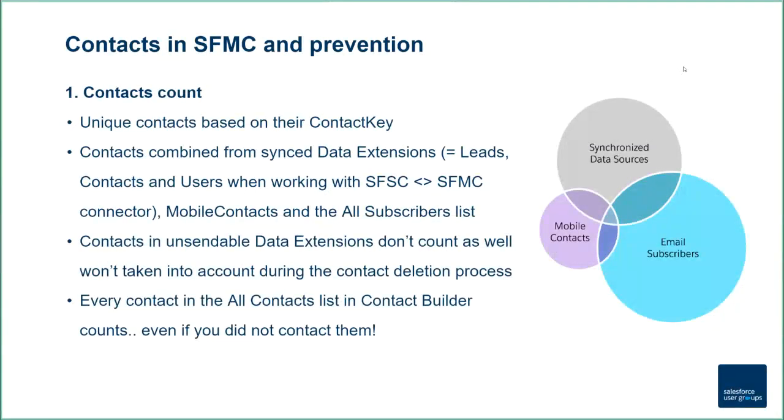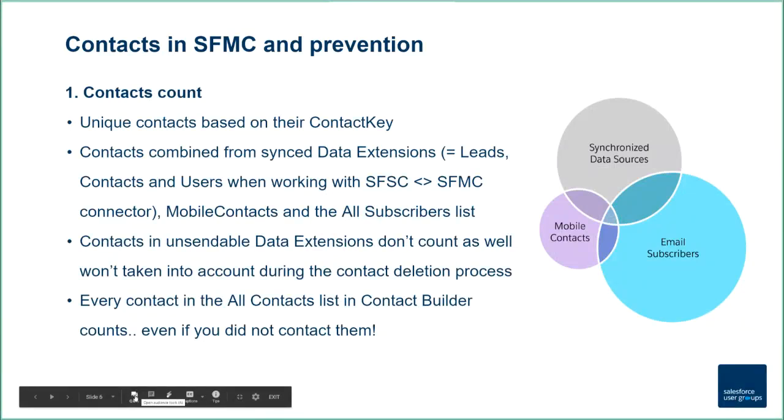I stole a graph off the Salesforce Marketing Cloud website. The moment you have a mobile contact or an email subscriber and they share one contact key, as far as Marketing Cloud is concerned, it's one person. So even if there are like 6 different data extensions, it doesn't matter. They still count as one person or one contact.